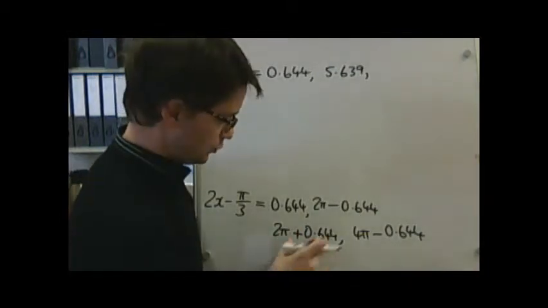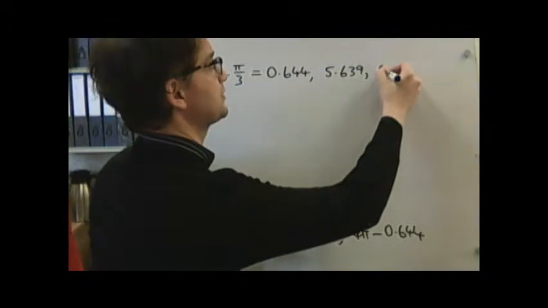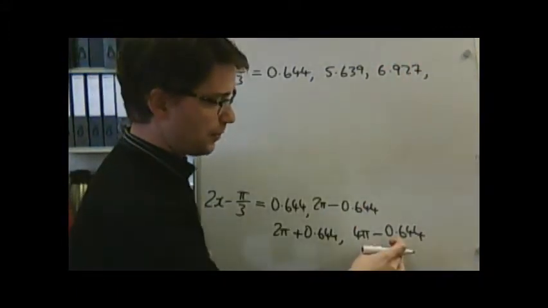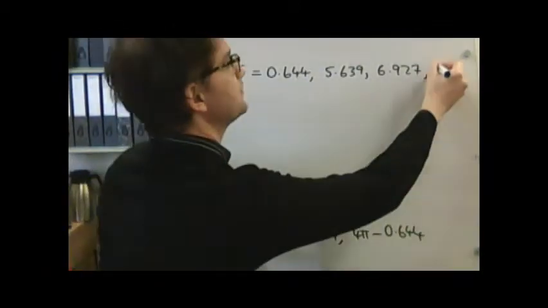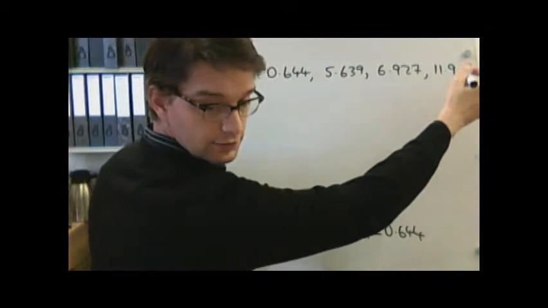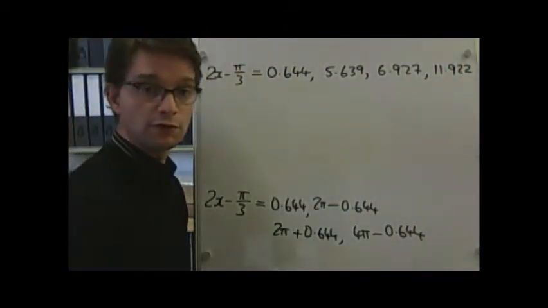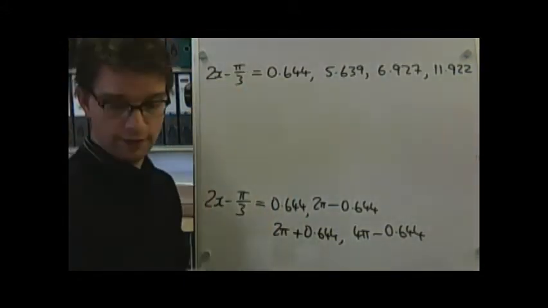And then 2 pi plus 0.644 is equal to 6.927. And 4 pi minus 0.644 is 11.922. So I've got 4 possible values of 2x minus pi by 3.